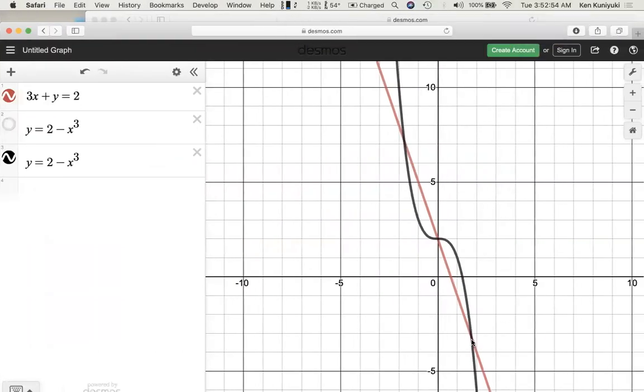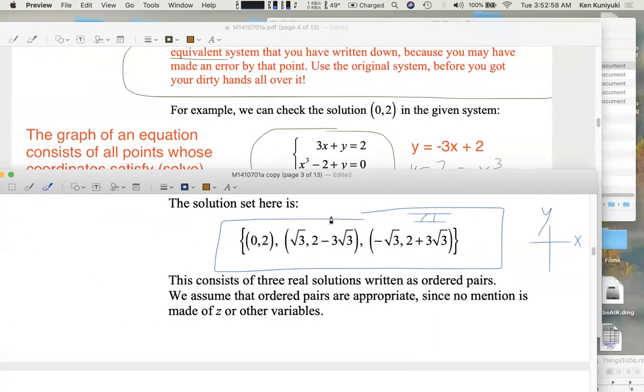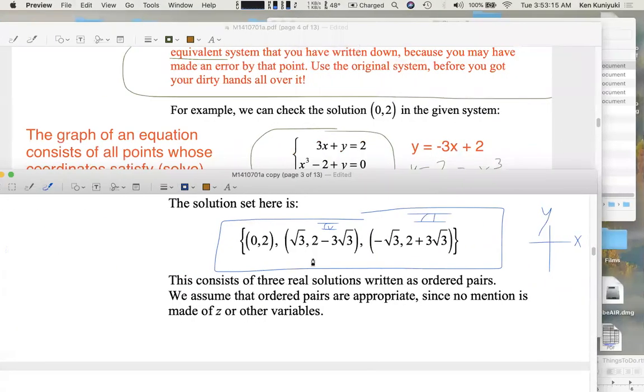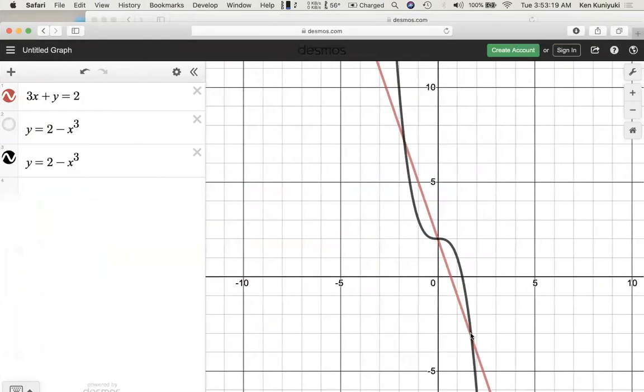Likewise, it appears that we're also going to get an intersection point in quadrant 4, and it turns out to be this point over here. But again, I can't imagine any human being just looking at this and going, oh, that's going to be root 3 comma 2 minus 3 root 3. I can't imagine any human being identifying that point. Desmos can approximate it.